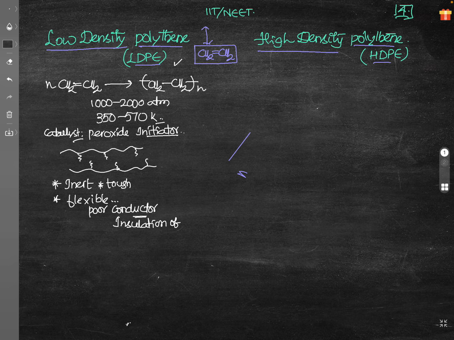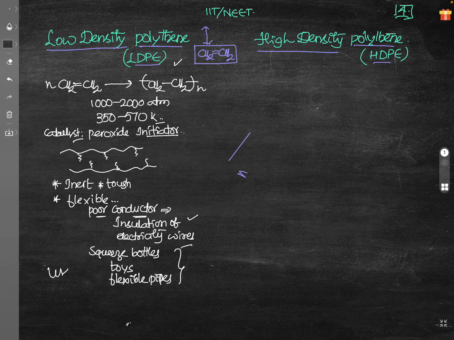Insulation of electricity. Whatever the insulation we are going to do, there you can use because it is poor conductor of electricity. And in squeeze bottles, these examples are asking nowadays, in squeeze bottles preparation it is used. Toys and flexible pipes, it can be used.